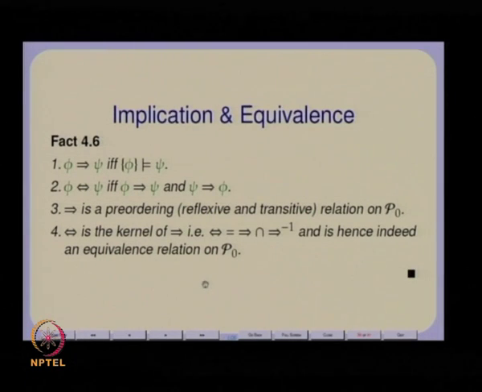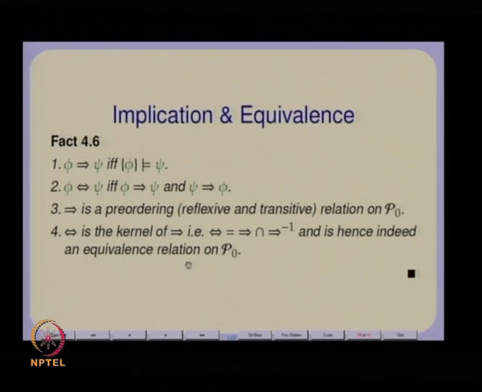So logical implication is a pre-ordering relation, which means it's reflexive and transitive. And if I take the kernel of this pre-ordering relation, which means I take the intersection of this pre-ordering relation with its inverse, whatever common elements I get, that forms an equivalence relation. That's an equivalence relation in the algebraic sense. So all I am saying here is that logical equivalence is also an equivalence relation on P naught.